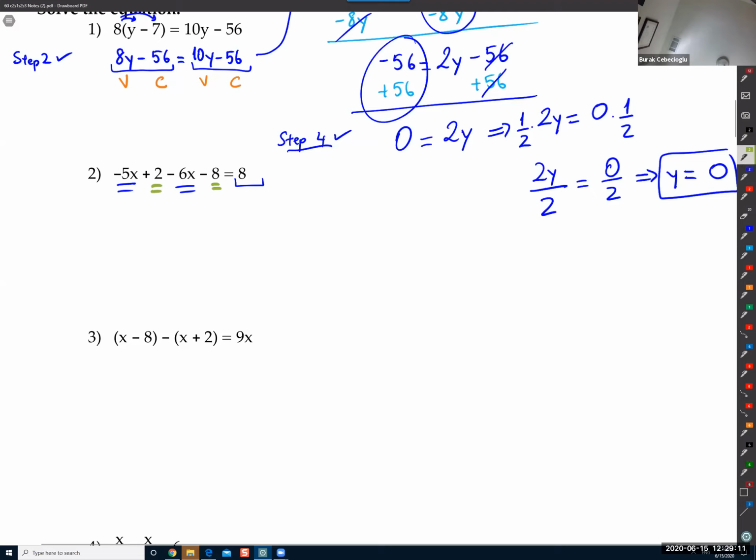So that's negative 5x minus 6x, which is negative 11x. All you got to do is add the coefficients, negative 5 minus 6. Just add them, use the calculator. Positive 2 minus 8, use the calculator again. That's negative 6. And the rest, copy paste, with the same color, sorry. 8.